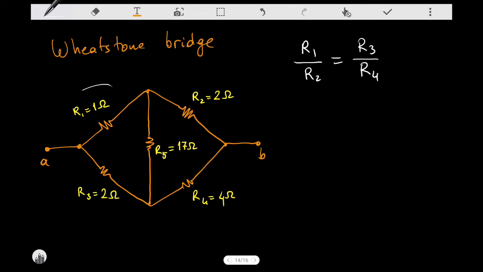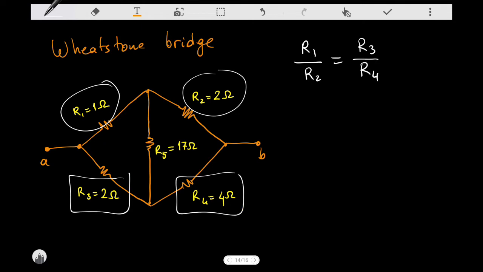Right? Ratio of this resistance to that resistance is equal to the ratio of that resistance to that resistance. If that's the case, then, well, it's not a symmetry, but we can say a similar kind of thing like in the previous problem.